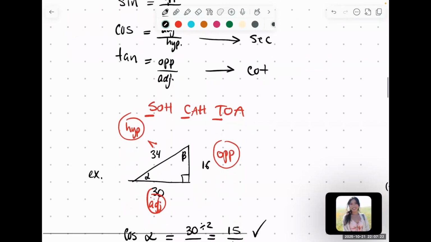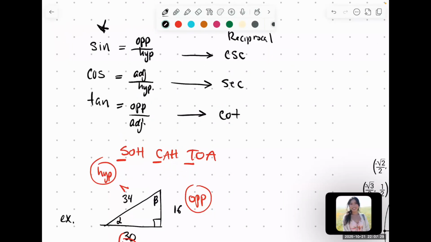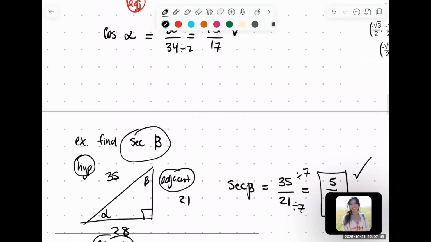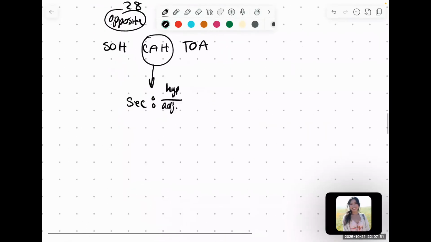We talked about a way to remember: sine goes with opposite over hypotenuse, cosine goes with adjacent over hypotenuse, etc. And we did some problems where we were able to find a given trig ratio based on the figure that was given to us, which is a right triangle. And yeah, that's it.